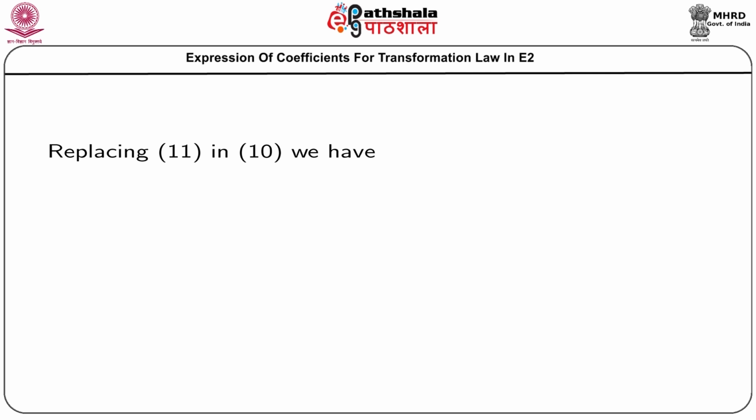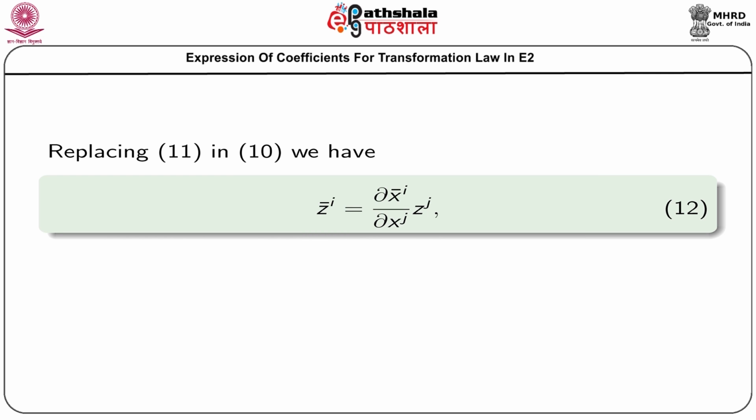So, replacing this value, we have z̄^i equals ∂x̄^i/∂x^j z^j. So, this is the transformation rule in E2 under the given orthogonal transformation.